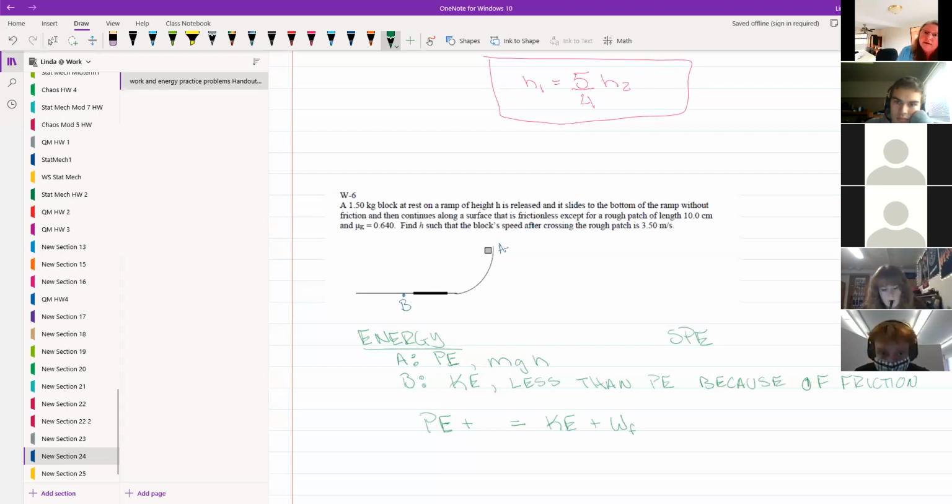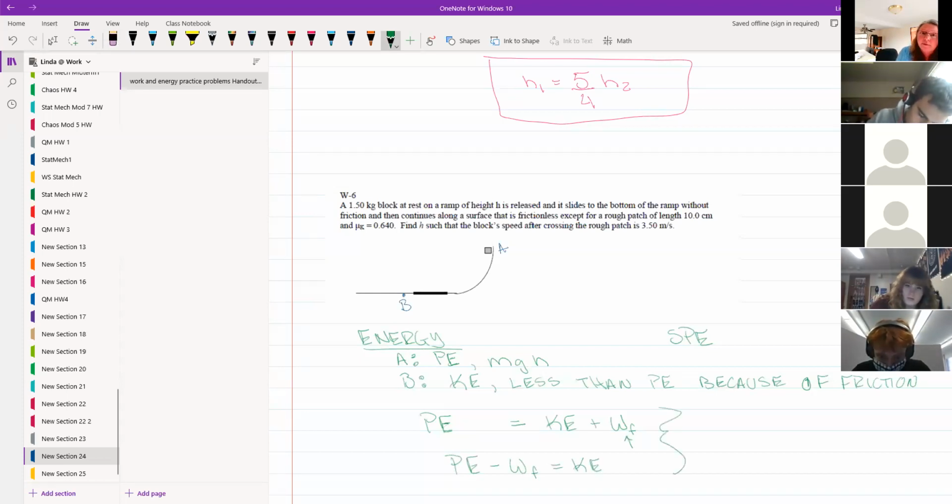So when you are doing the final exam and answering questions, you just need to make sure that I know what your acronyms mean. So define them somewhere. I can be like, okay, so the work due to friction. But there's also nothing wrong with saying, I'm going to have potential energy, I'm going to lose some of that energy to the work from friction, and that's going to equal my kinetic energy.